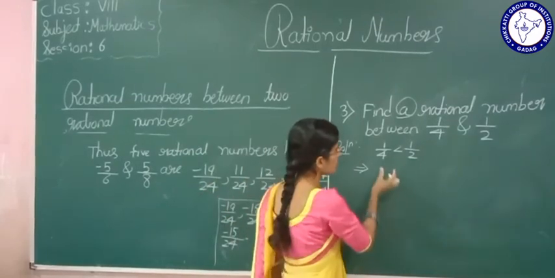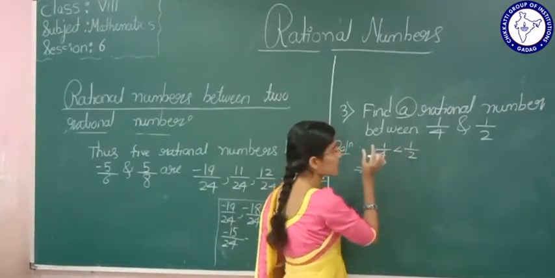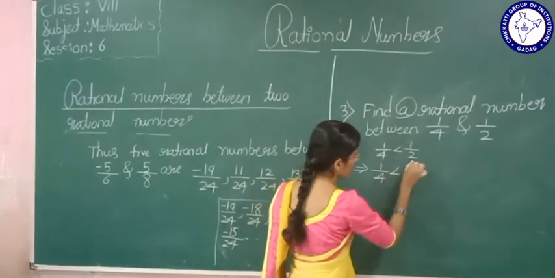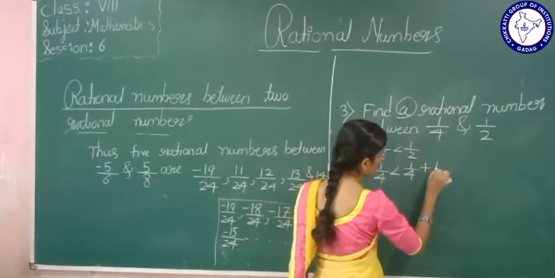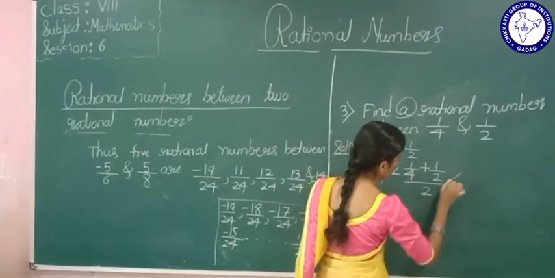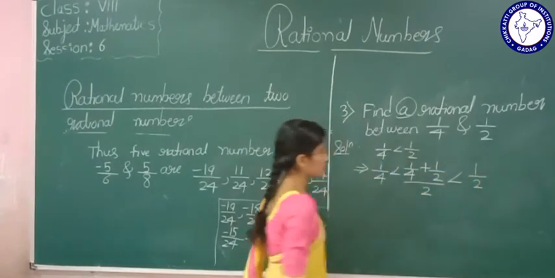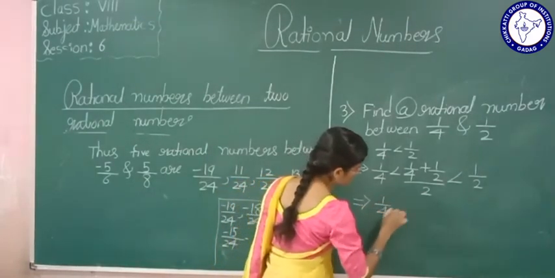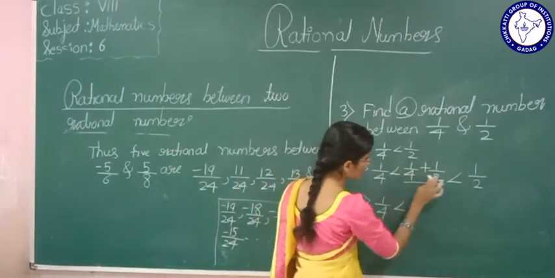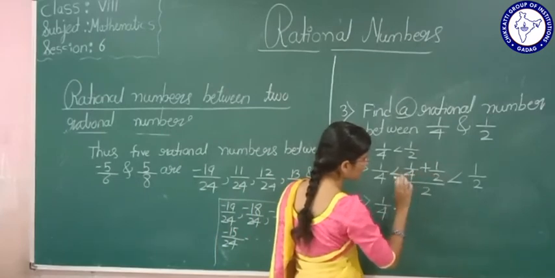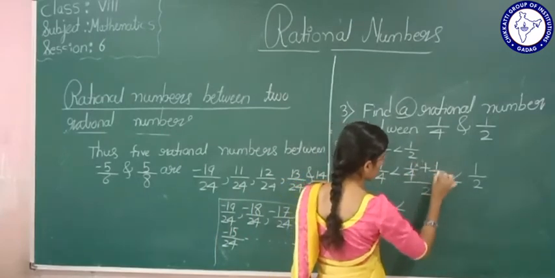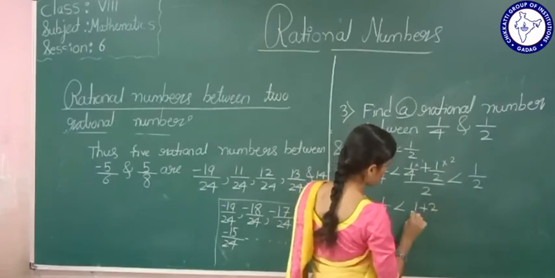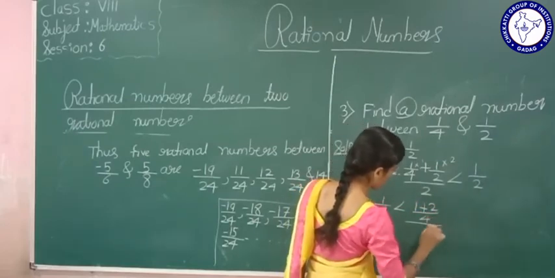Okay, what we can do is find the mean of these two. You know how to find the mean. See here, 1 by 4 plus 1 by 2, divided by 2. This implies, what is the LCM of 4 and 2? The LCM of 4 and 2 is 4. 4 ones are 4, 2 2s are 4, so 1 plus 2 by 4, divided by 2.